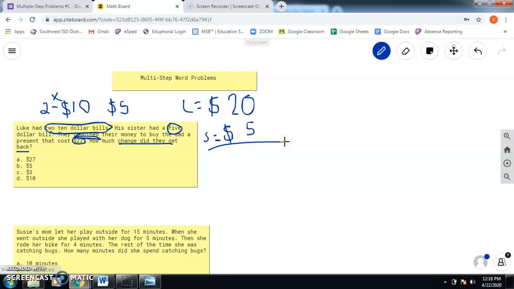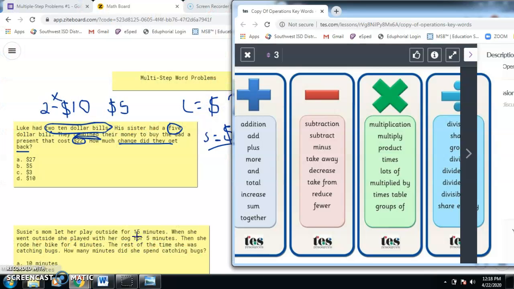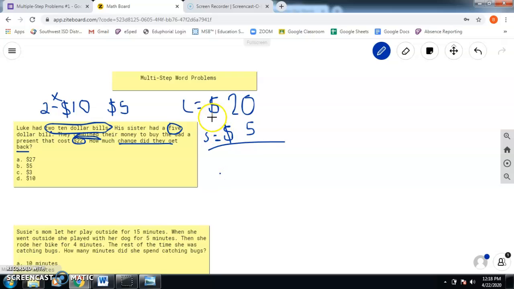Now, they combined their money to buy their dad a gift. Combined. So looking at some of our key words, do you think combined would be addition or subtraction? I'm seeing adding, plus, more, total, increase, sum, together. Okay. Over here in subtraction, I see fewer, reduce, decrease, take away. So for here, it sounds to me like combined means that we're going to add.